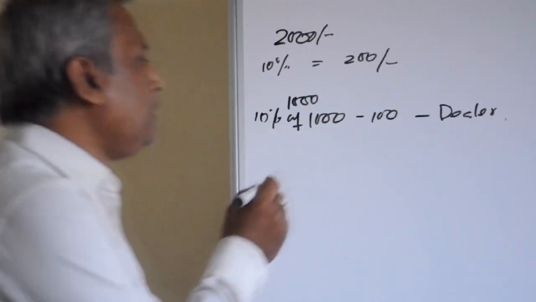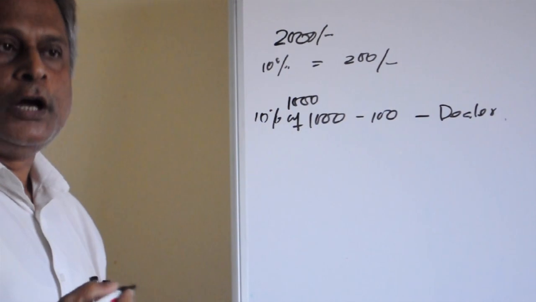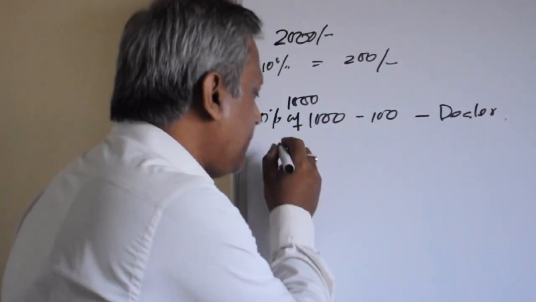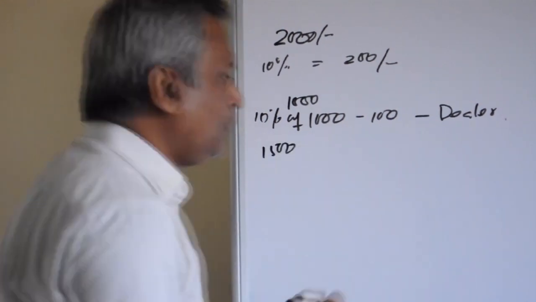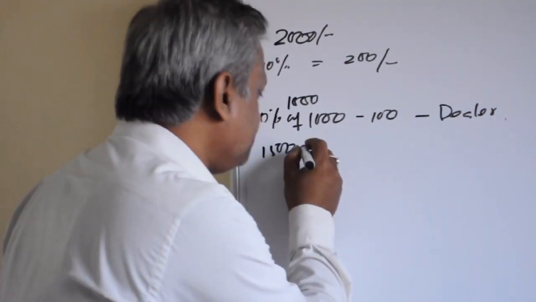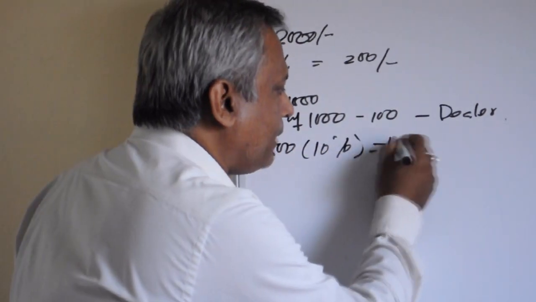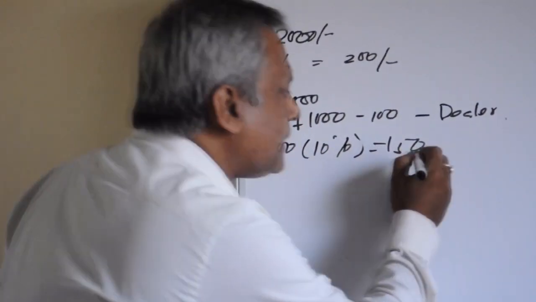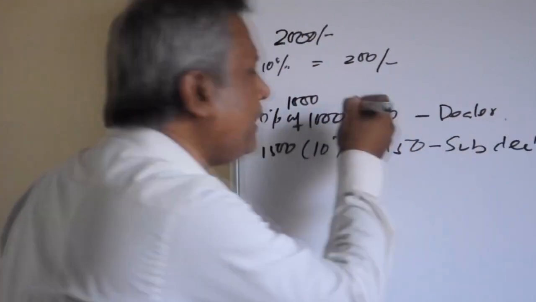Then let us say the dealer sells it to a sub dealer at rupees 1500. 10% of it is equal to 150. This is the tax paid by the sub dealer to the dealer.